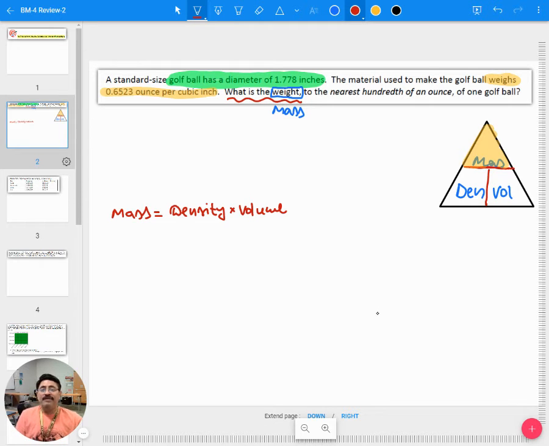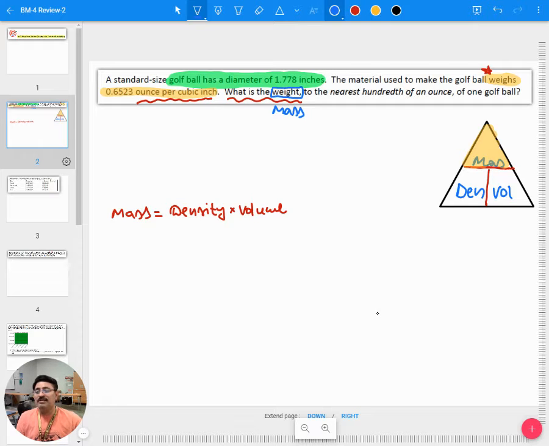Well, I see that the material used to make the golf ball weighs 0.6523 ounce per cubic inch. Ounce per cubic inch indicates the density.